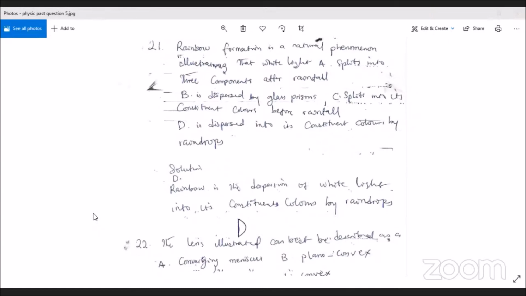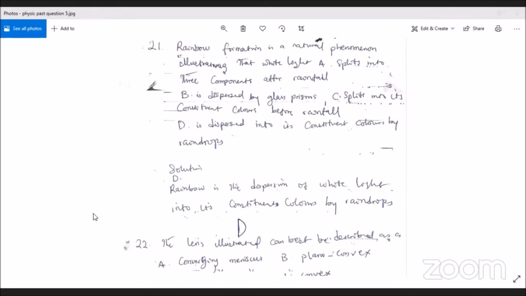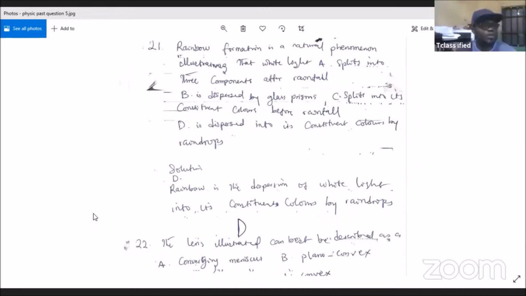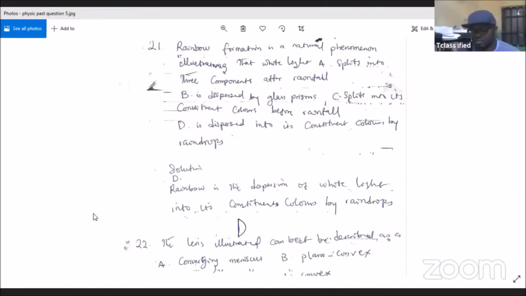I'm connecting now. Can you see number 21 on your own screen? Yes, I can see it now. Okay, so do I continue? Yes, you can continue now.